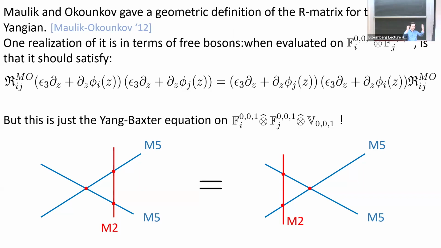This is a nicely miraculous way to find the R matrix on Fock tensor Fock: you're just solving the Yang-Baxter equation on Fock tensor vector. You have the intersection of 2 and 5. This is the R matrix of MO at the intersection of 2 and 5.